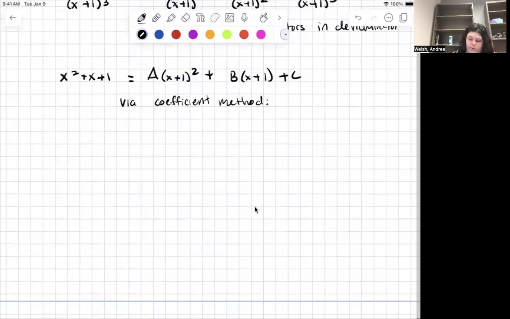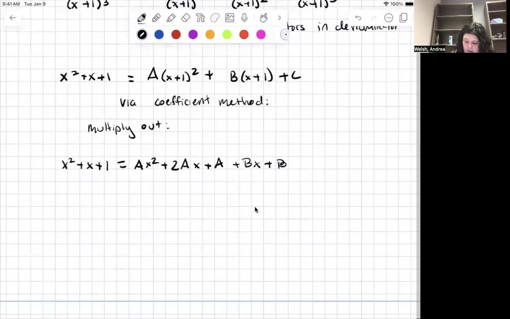So what we can do is multiply things out: a x squared plus 2ax plus a plus bx plus b plus c. So I've multiplied everything out.